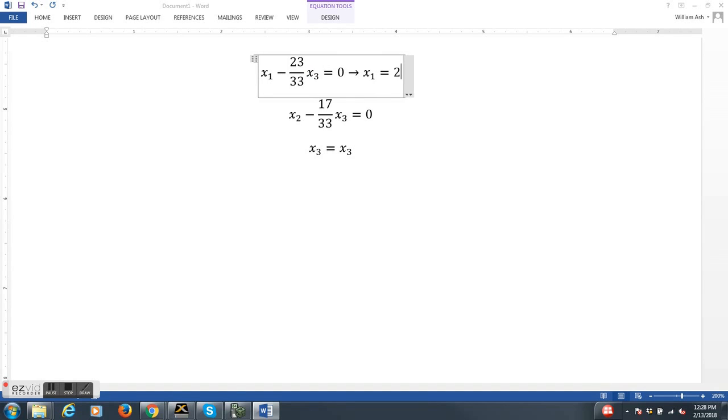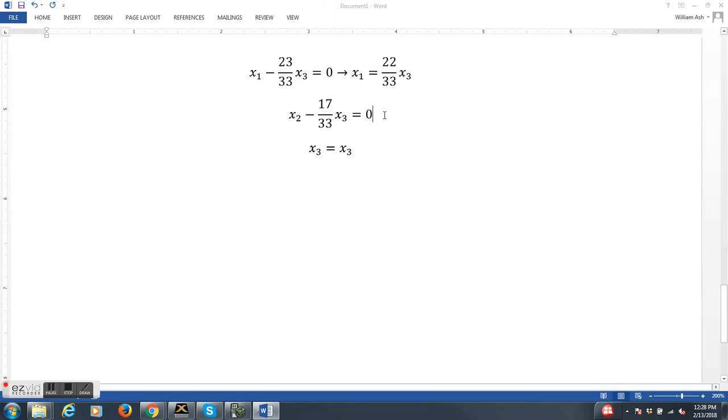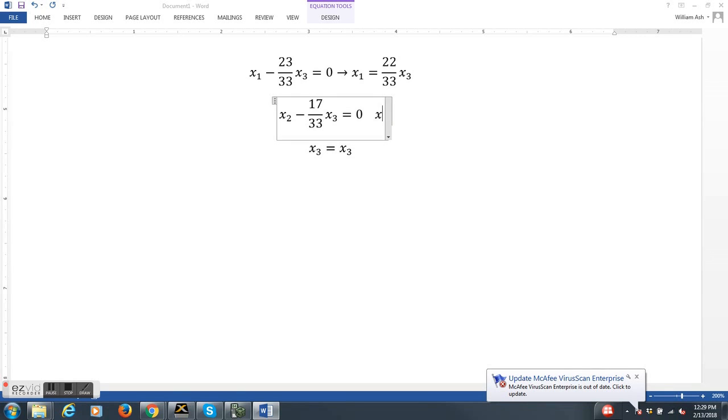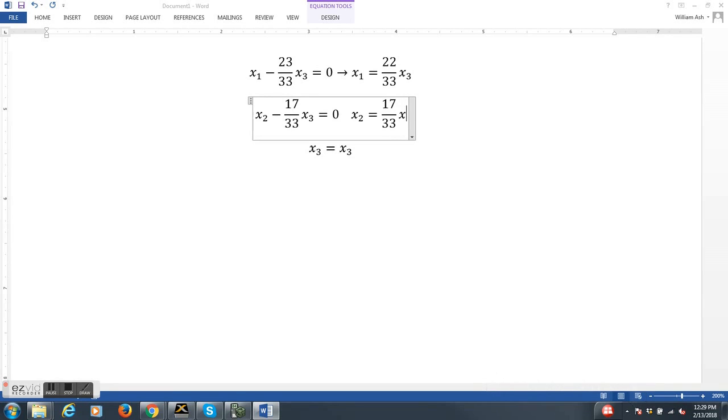It works this way because it's 0. If it was like equals 2, it would be 2 plus 22 over 33 x sub 3. And then x sub 2 equals 17 over 33 x sub 3.